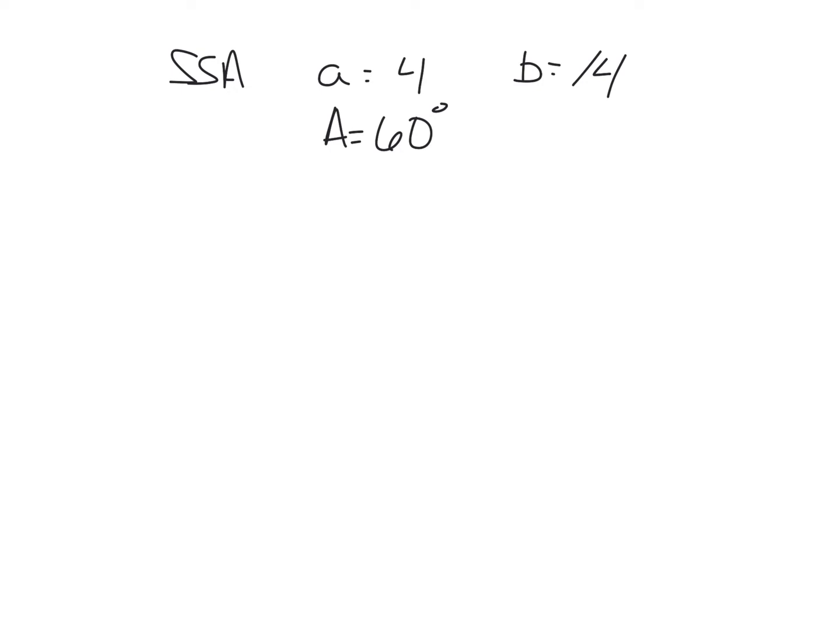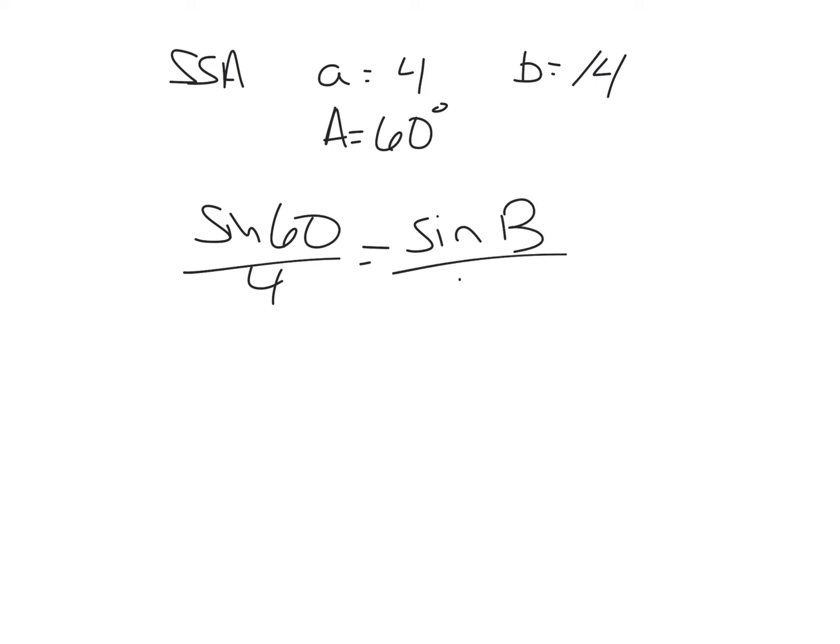Now here's an SSA example when there is no solutions. So let's begin by trying to solve this. We get sine of 60 over 4 equals sine capital B over 14. Cross multiply.